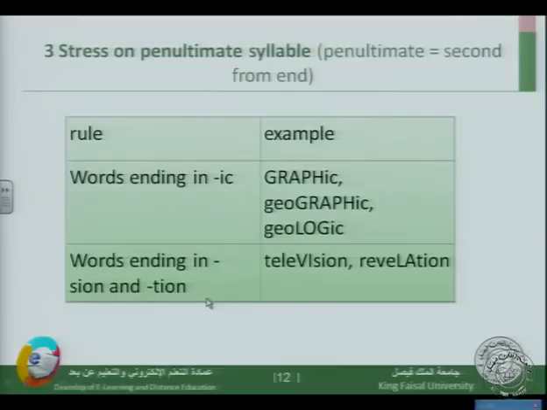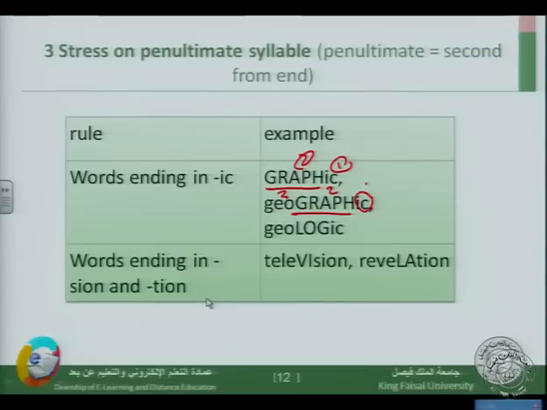Number 3, stress on the penultimate syllable. Penultimate means second from end. For example, the word graphic. Graphic, this we call penultimate. This is one, this is two. Geographic. How many syllables? Three syllables: one, two, three. This we call penultimate.